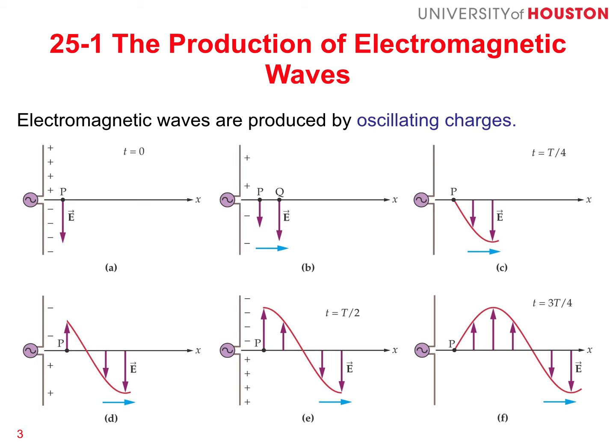The process can then repeat itself where one could then build more negative charge on the bottom and positive charge on the top. The wave created in this process will move to the right as time goes on.